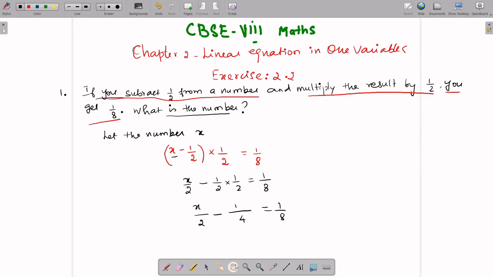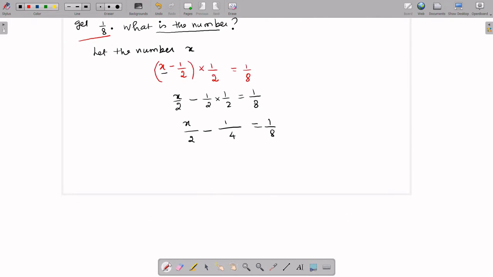After that, you keep the variable on one side and numbers on the other side. Transposing minus 1 by 4 to the other side, it becomes plus 1 by 4.